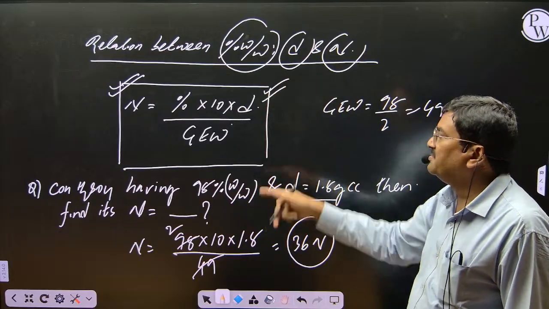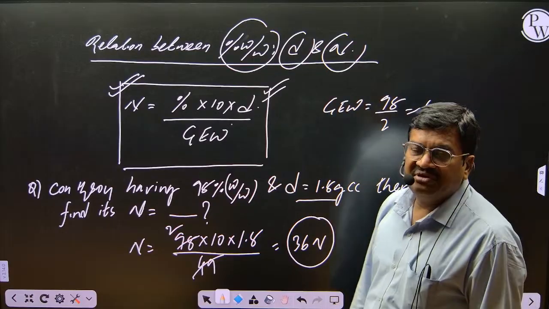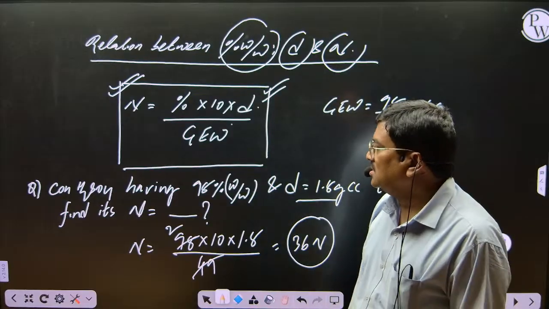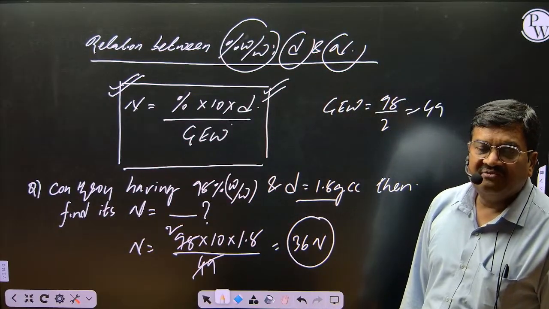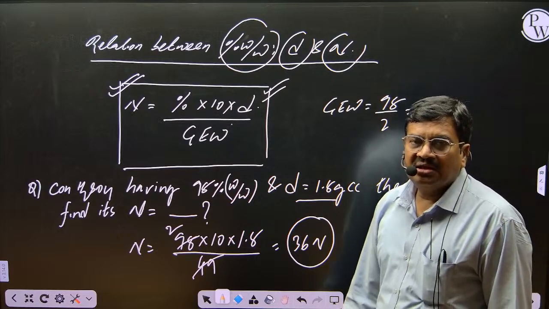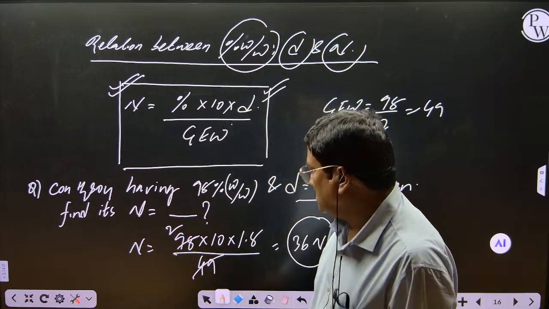It is important from the exam point of view; they are asking questions on it. Everyone be regular for the class, and I told you daily, practice more and complete it on the same day. Don't keep it pending. Clear? Copied. Now write the next heading: relation between molarity and normality.